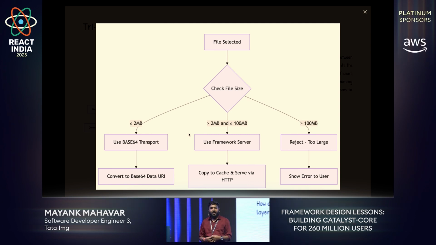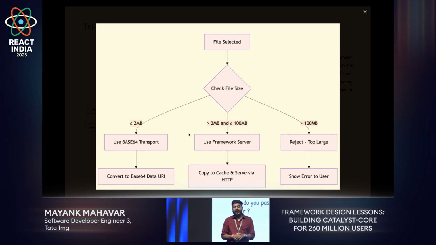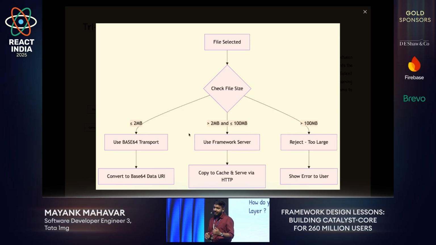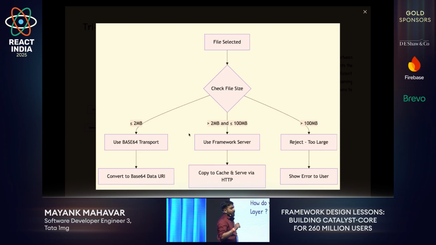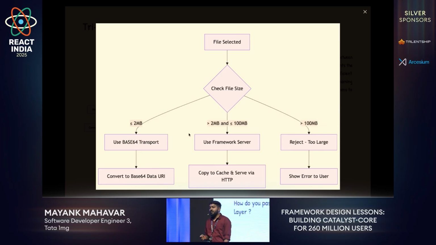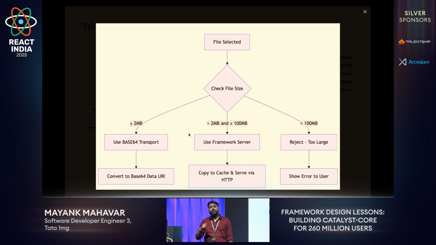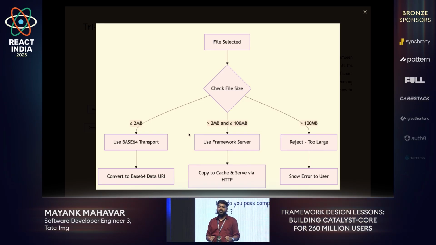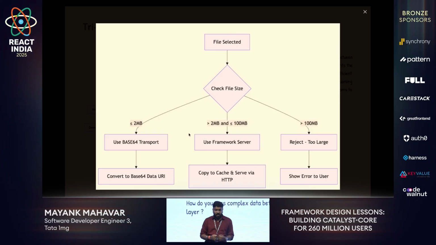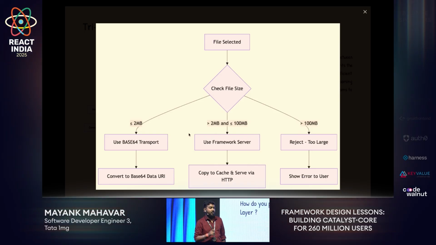So when the file is selected, we first try to figure out what the file size is. When the file size is less than 2 MB, we create a base64 data URI of it, and that is available with the object, which you can use to show any image or any file. But if it is above 2 MB, we spin up a server inside native and give a dynamic route for that particular file.